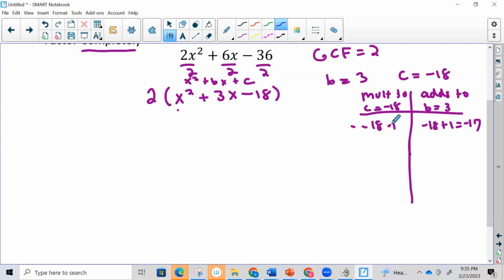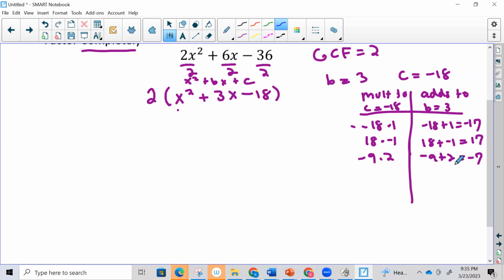I want a positive. So I should have tried 18 times -1, but still, if I add that, I just get a +17. So that doesn't work. Okay, so we think about 18, we often think, okay, 9 times 2, I want the bigger number to be negative. And that gives me -7, so that does not work.